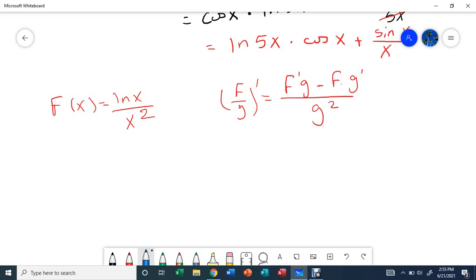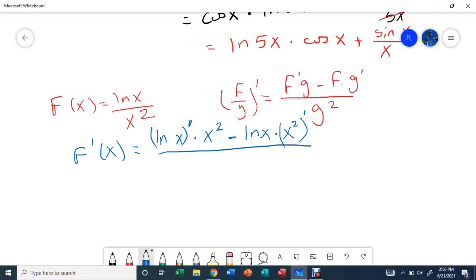So it's going to be the derivative of ln of x times x squared, minus ln of x times the derivative of x squared, and the whole thing over x squared squared.